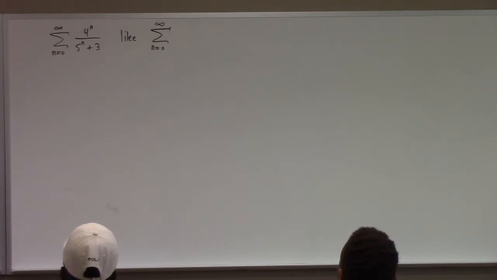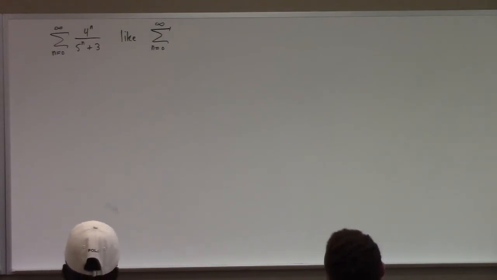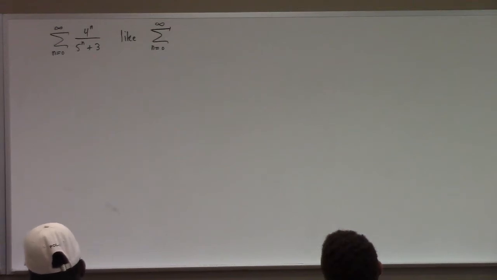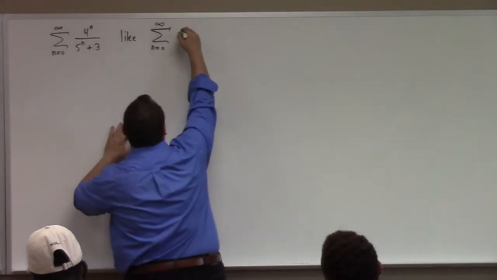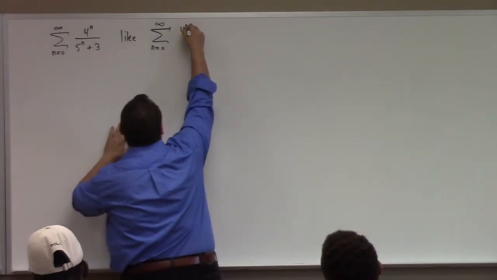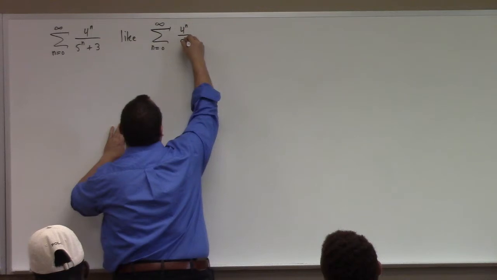Upstairs you got 64, downstairs you got 125. n equals 4. The denominator is 625 plus 3, right? 5 to the n dwarfs 3 very, very fast. That 3 is relevant to the tail of the series, right? So after a long time, it's really just the geometric series with ratio 4/5. This is nothing more than 4 to the n over 5 to the n after a while.